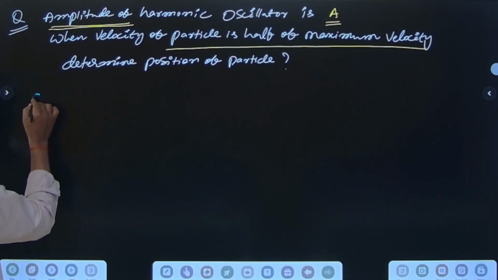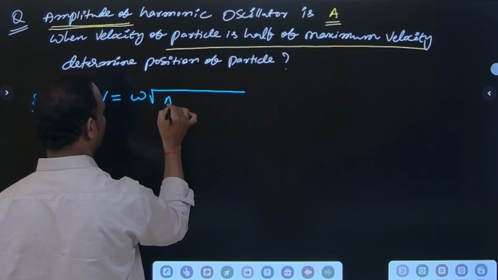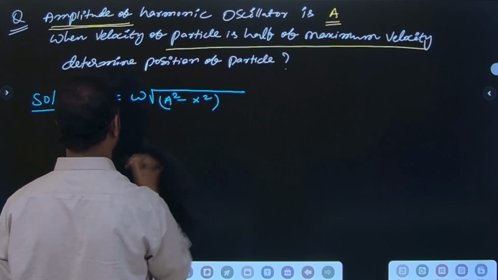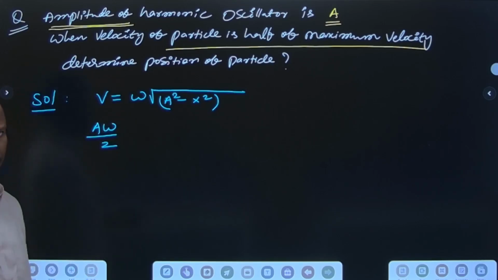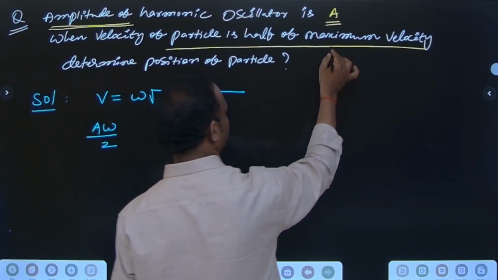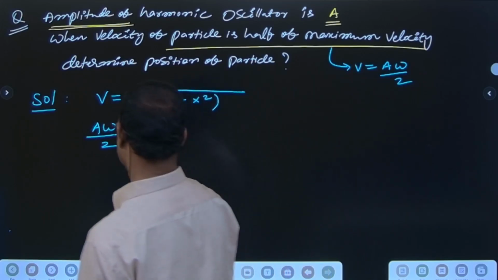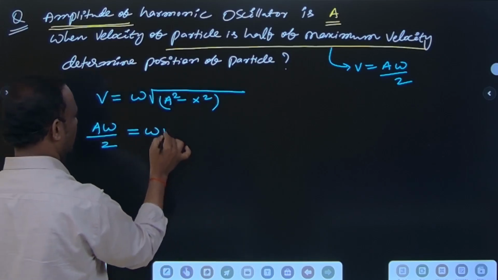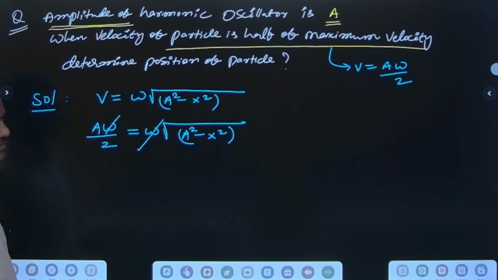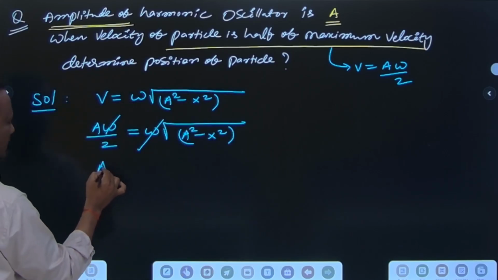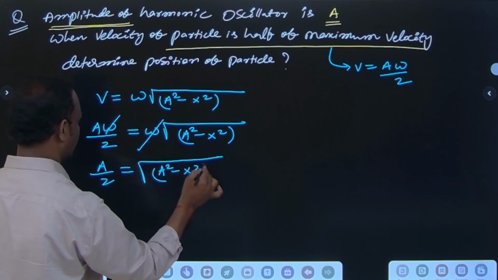We know velocity v is equal to omega under root of A square minus x square. So A omega by 2 is equal to omega under root of A square minus x square. Omega cancels, and A by 2 is equal to under root of A square minus x square.